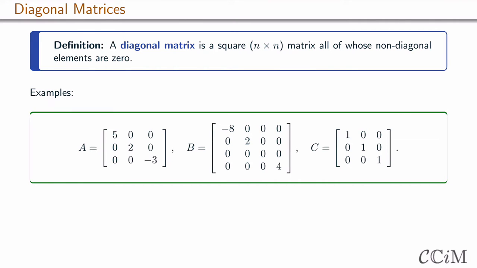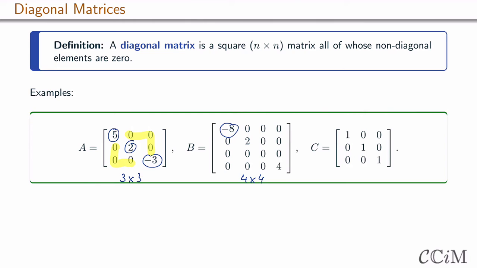Here are some examples. The first matrix A has the diagonal elements 5, 2, and -3. It's a 3 by 3 matrix because it has 3 rows and 3 columns, and everything that's off the diagonal is equal to 0. The second matrix B is a 4 by 4 matrix.